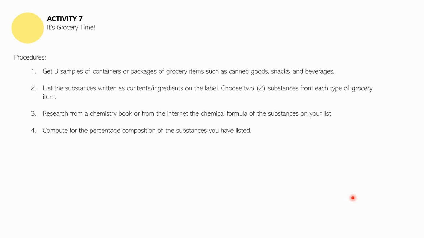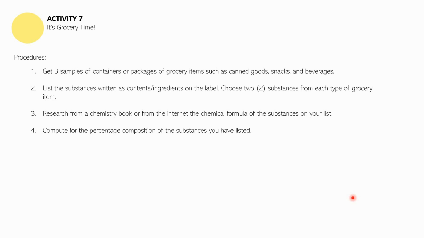So for the canned goods, pwedeng corned beef, pwedeng sardinas, or any other canned good na meron dyan. Pwede naman natin consider yung mga meatloaves. And then snacks, kung meron kayong chips dyan, candies, pwede yun.